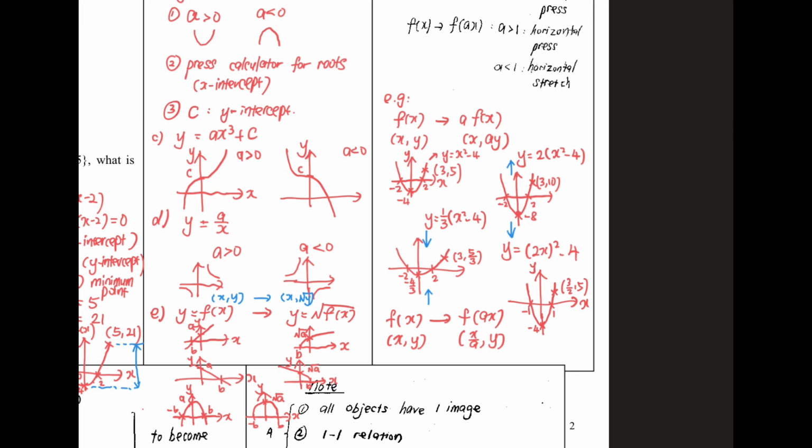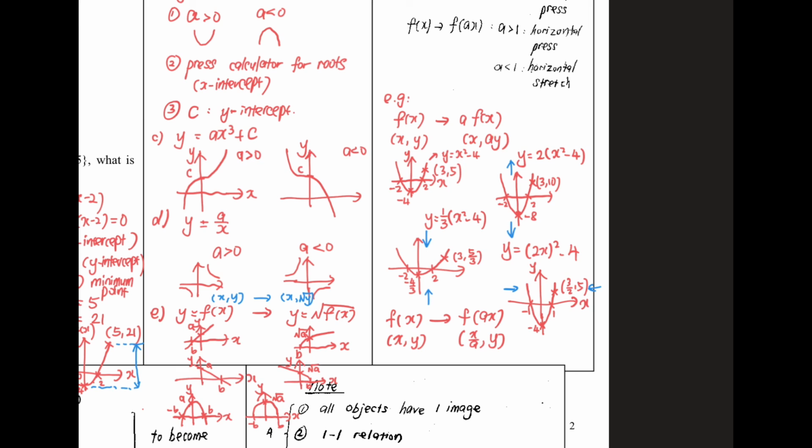You look at the blue arrow, it is something like pressing it from both sides. And the last one here, you can see when a is less than 1, horizontal stretch. Of course, the other additional condition here is that a has to be positive. a is greater than 0. Let's say one example.